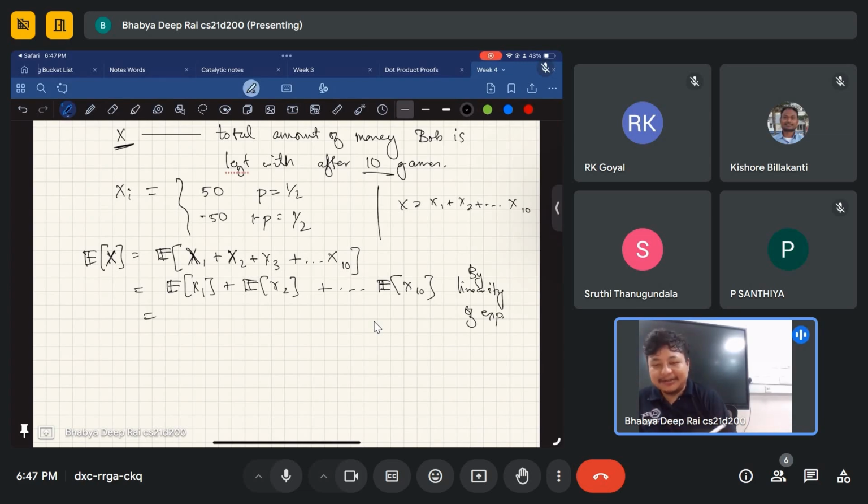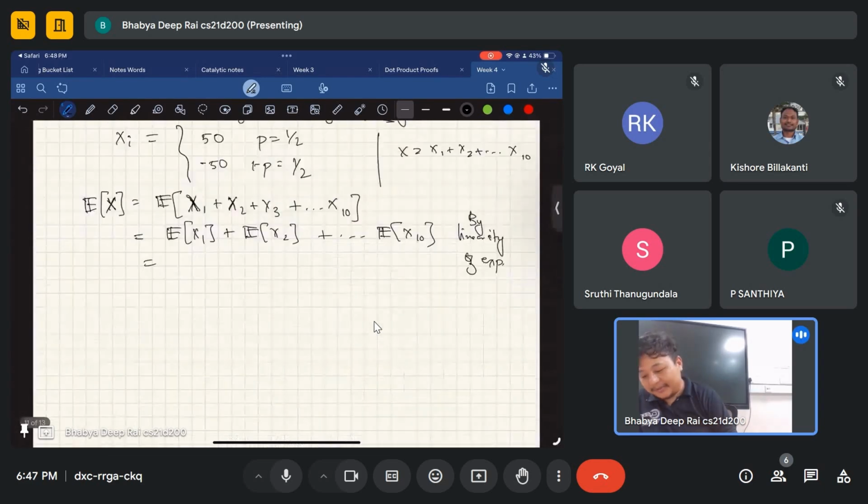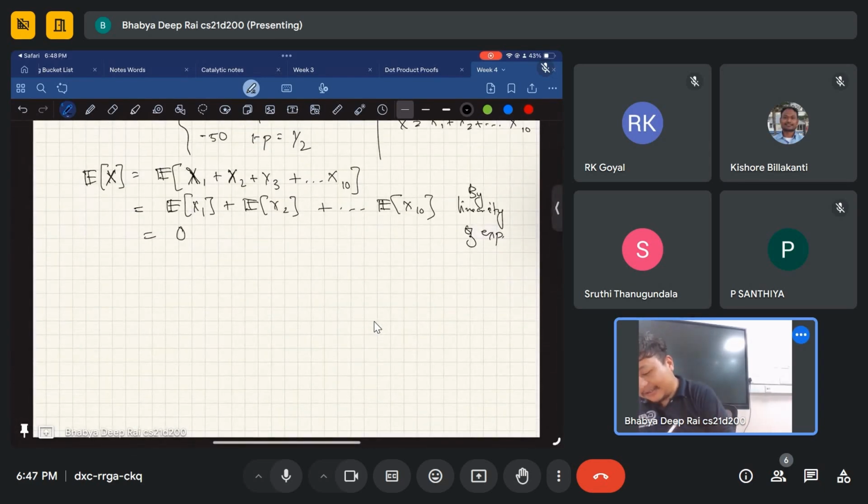Each of these x1 to x10 are independent. And what do we know? We know that each of the coin tosses leaves a value of expectation to be 0. So the expectation of x1 is 0 plus the expectation of x2 is 0 plus and so on till 0. Okay, so the answer is 0.